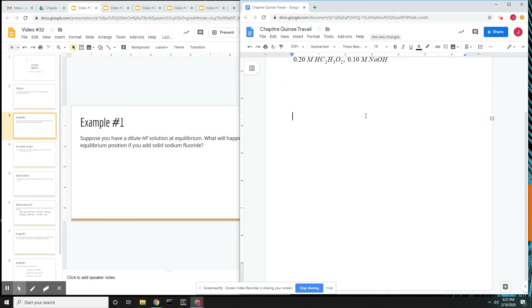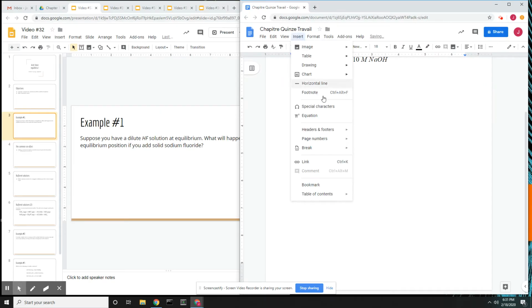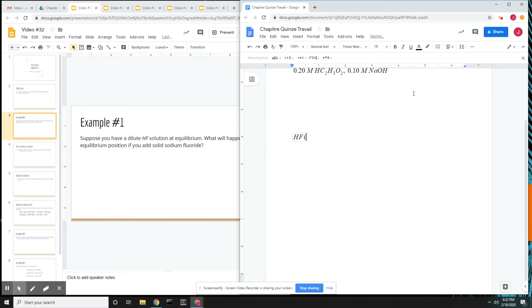So in order to understand what's going to happen here, we first need to consider what's actually happening when we have HF in solution. So if I add NaF to this, the fact that it's a solid doesn't really matter because all sodium-containing salts are soluble in water.